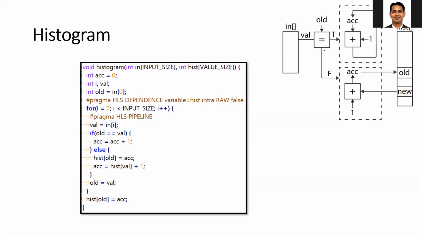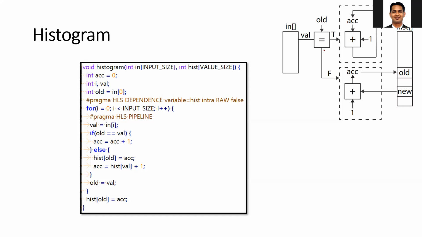You can just create a local variable and keep on accumulating until your consecutive values are different. Only when the consecutive values are different, you write the previous value back to the memory.